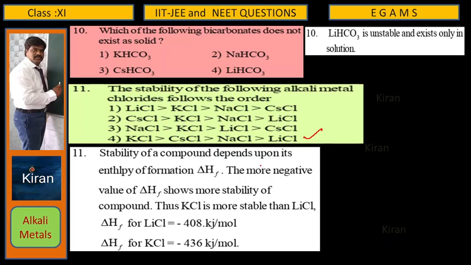Definitely it has low solubility. So cesium chloride and lithium chloride get the first choice, and after that NaCl, but cesium chloride and then potassium chloride. The highest solubility is in potassium chloride.